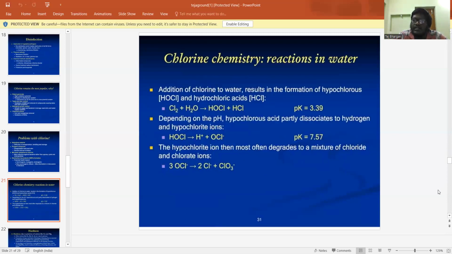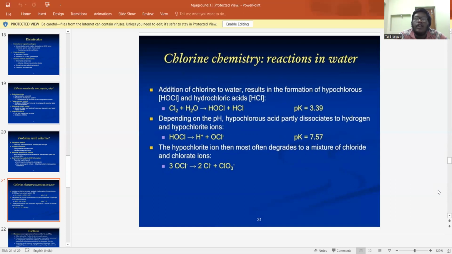Next, chlorine chemistry. Reactions in water. Addition of chlorine to water results in the formation of hypochlorous acid, HOCl, and hydrochloric acid: Cl2 plus H2O gives HOCl plus HCl, whose pK is 3.39.